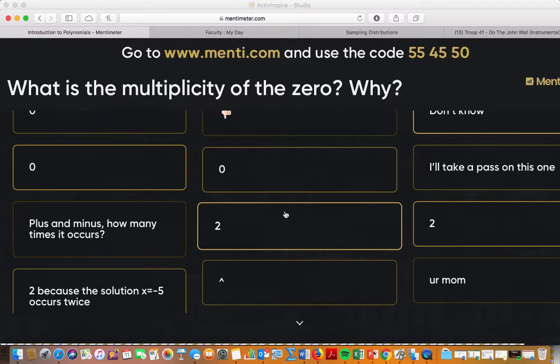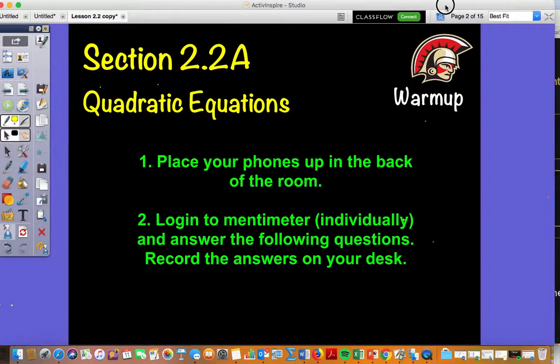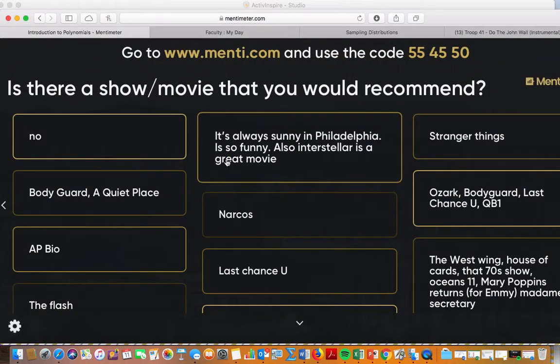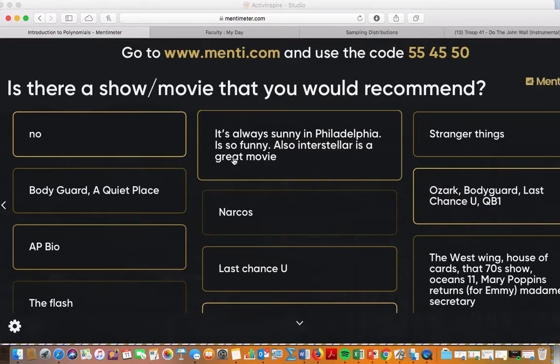Is this helping? We're kind of going through, this is not a note format, but a little bit different. Is there a show or movie that you would recommend? Okay, let's see. We're just going to spend like 2 seconds on this, all right? If you have not seen Bodyguard, I hear that one's a good one. Broadchurch is a really good one. Murder Mystery, it's a good one as well. AP Bio, is that a show? Wait, Coach Jay, what do you watch on? Netflix, yeah. I have Amazon Prime.